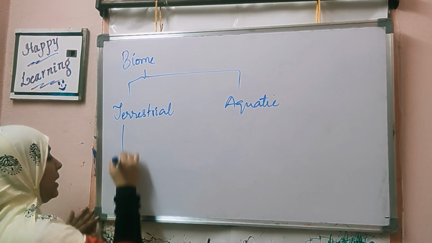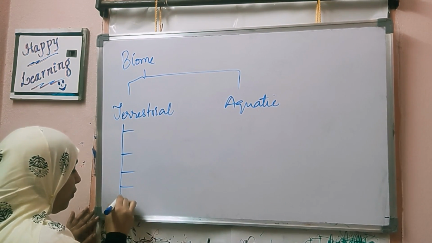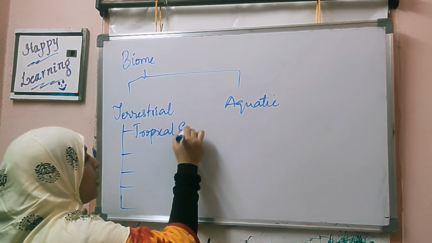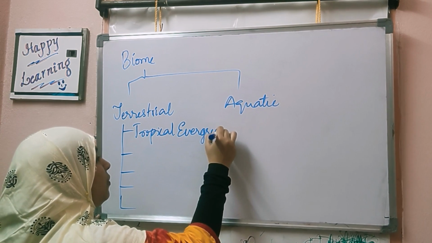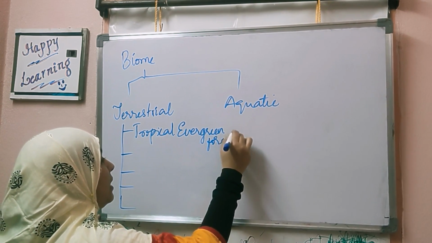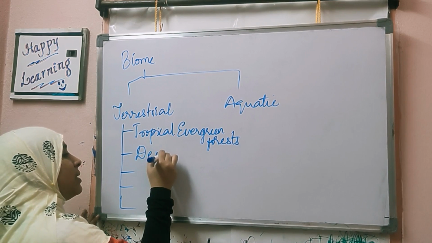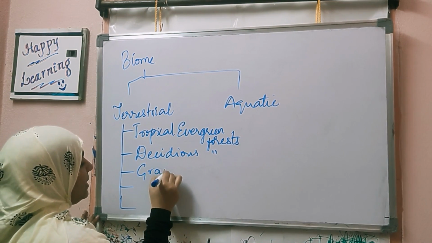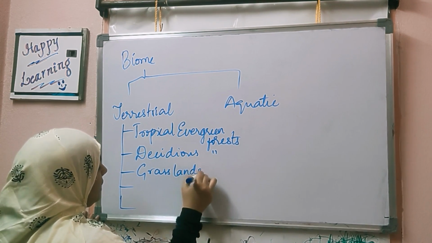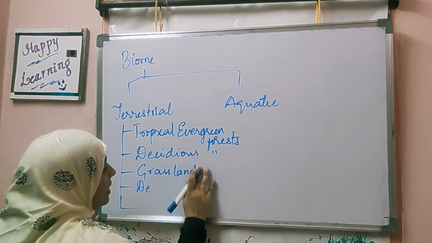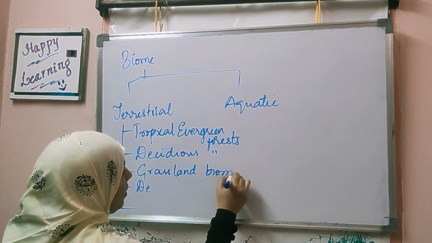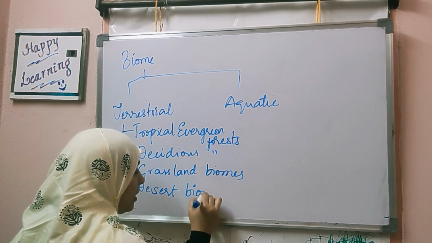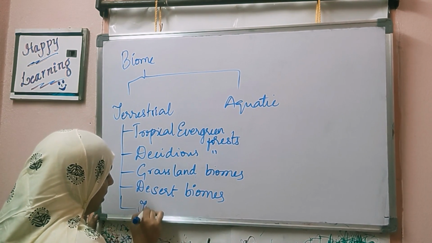Terrestrial biomes are divided into 5 different types: tropical evergreen forests, deciduous forests, grasslands, desert biomes, and tundra biomes.